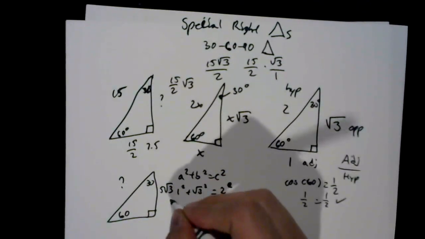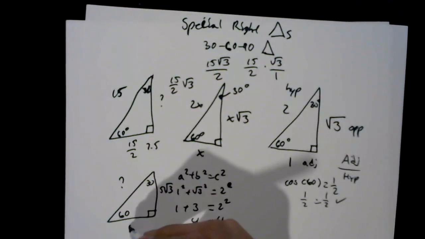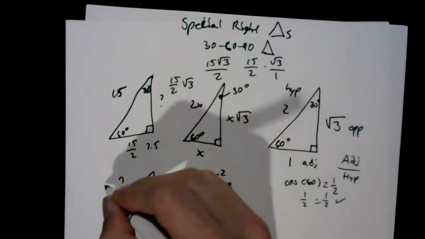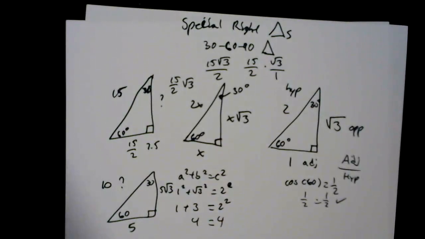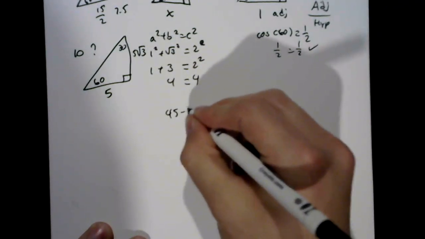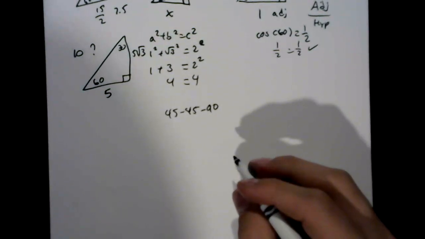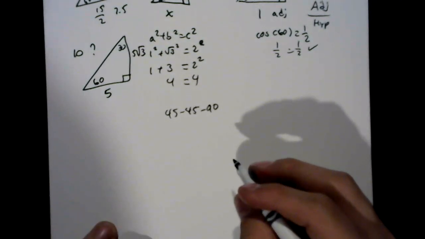And so you divide by square root 3, so the square root 3 comes off and gives you this base, which is 5. 5 times 2 is 10. So, pretty self-explanatory. We'll go on to the 45, 45, 90 triangle, which is basically an isosceles triangle.